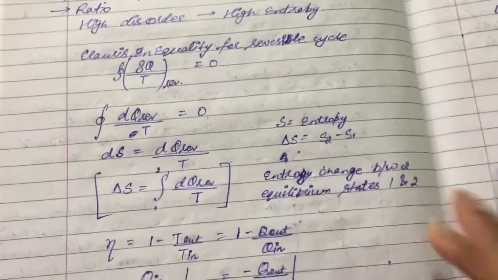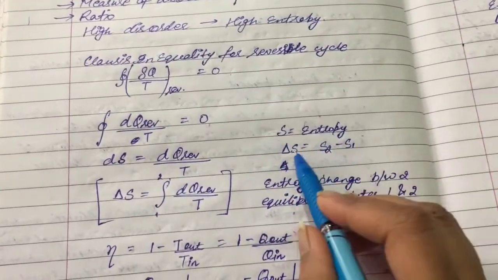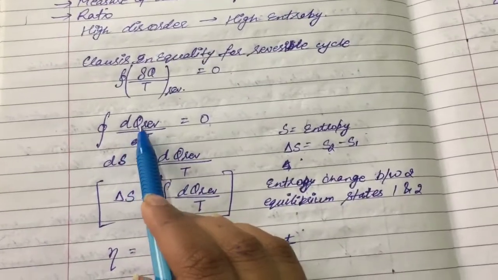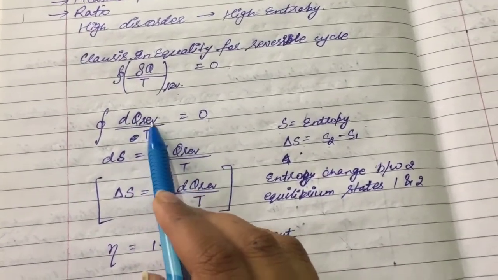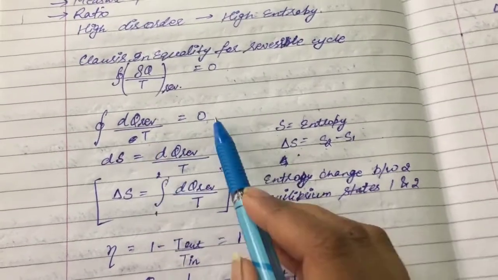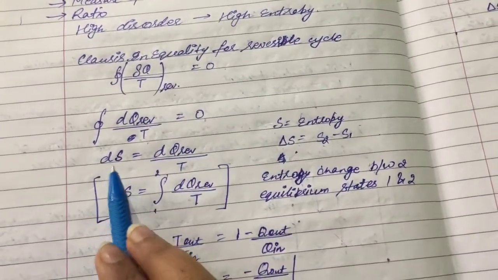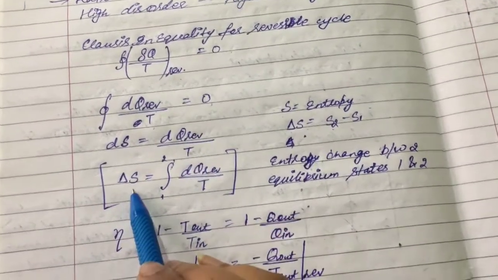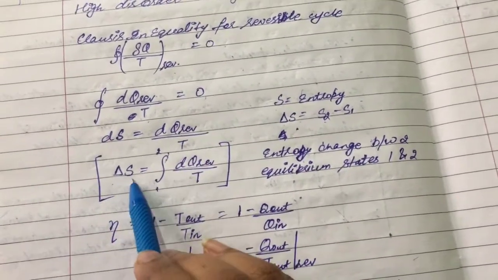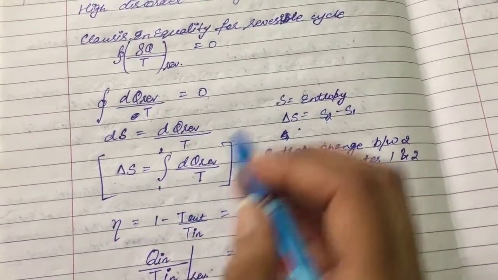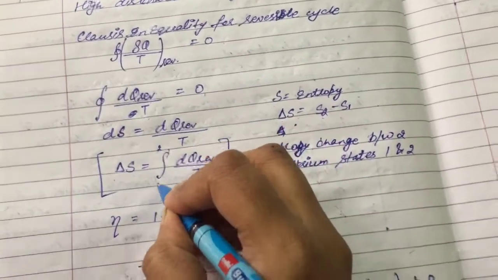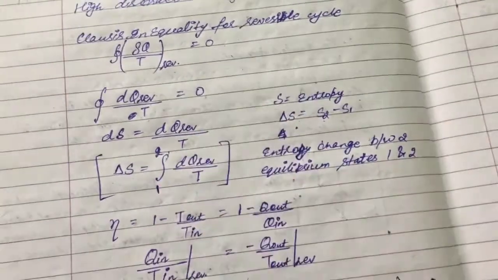So S is our entropy, and delta S would be S2 minus S1. So dQ reversible by T is equal to 0, so dS would be equal to dQ reversible by T, and delta S, that is change in entropy, would be equal to the integral of dQ reversible by T from state 1 to state 2.